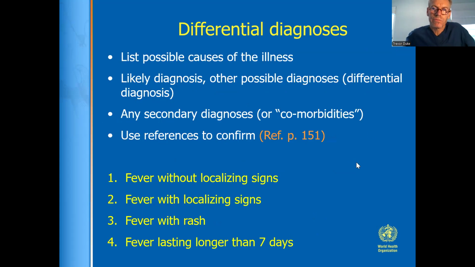So now we've done triage and emergency treatment or prioritization, and we've taken a history and done an examination. So we need to now think through the possible causes of the illness. And in reality, when you're seeing a child at triage, when you're taking history and doing an examination, this is the thought process that you should be working through all the time.